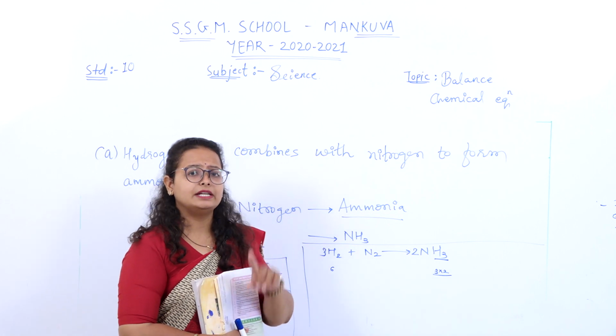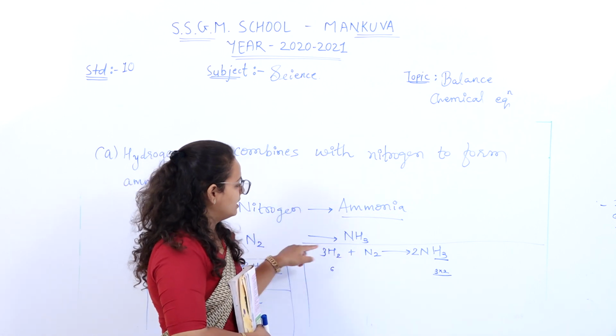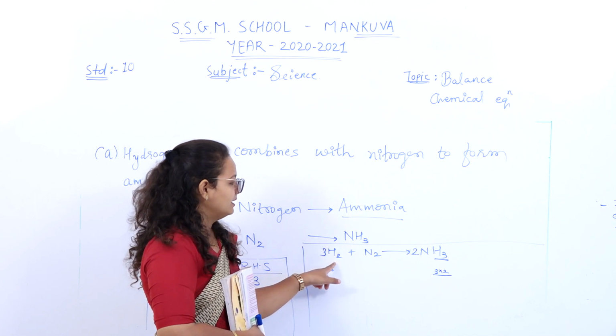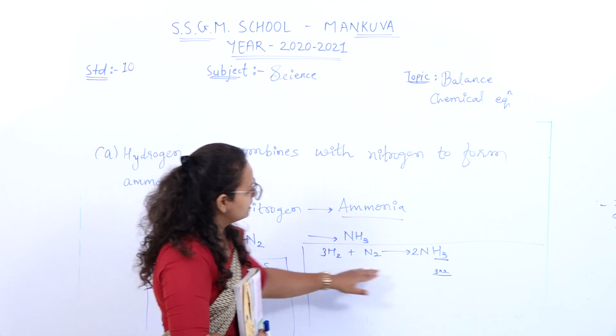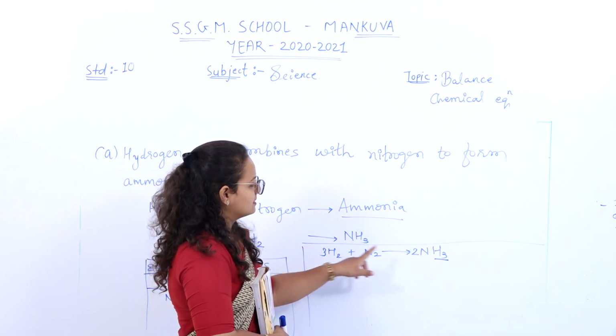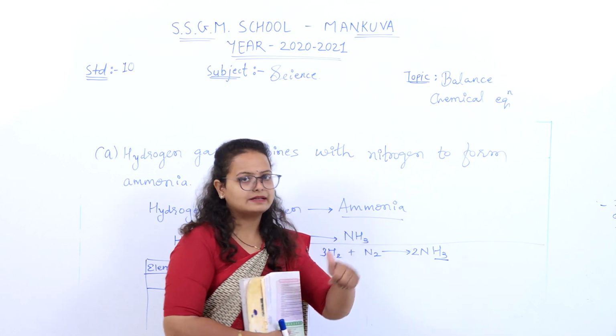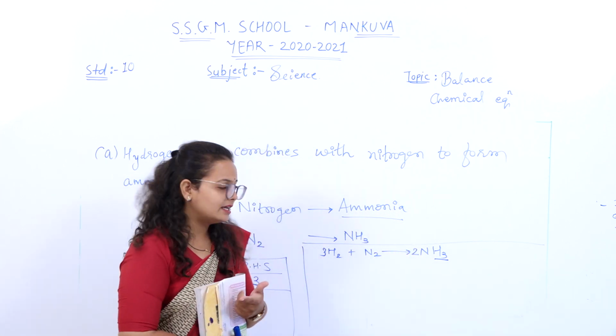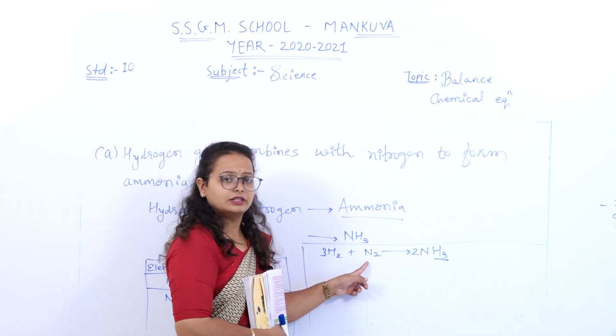Whenever you are balancing an equation, the number should be on the left hand side, before your element. Now count hydrogen on the left hand side: 3 twos are 6. Here also 3 twos are 6. Done. Hydrogen is balanced. Now go to the next element, which is nitrogen.